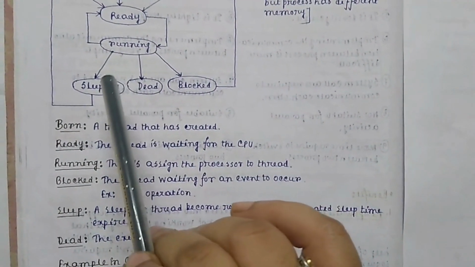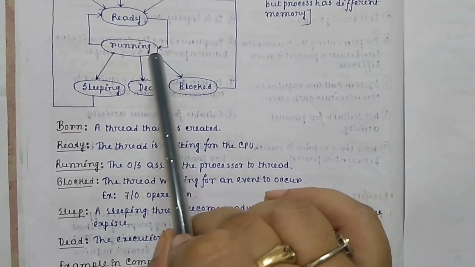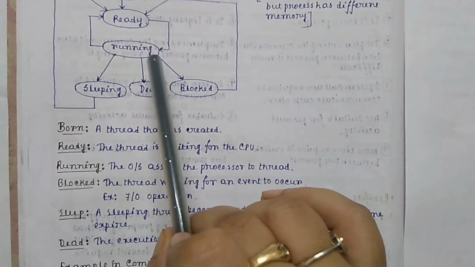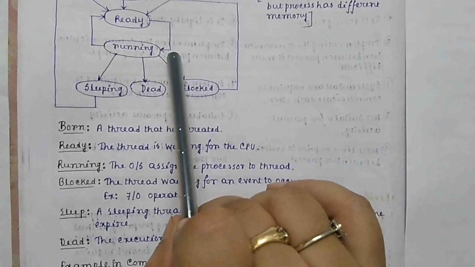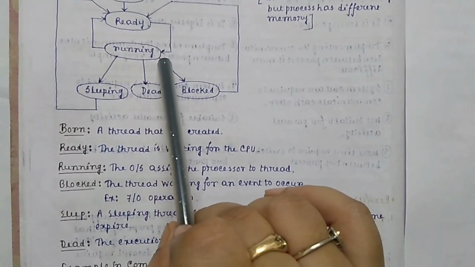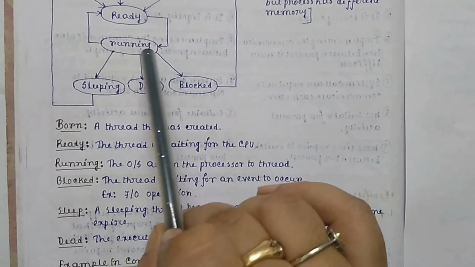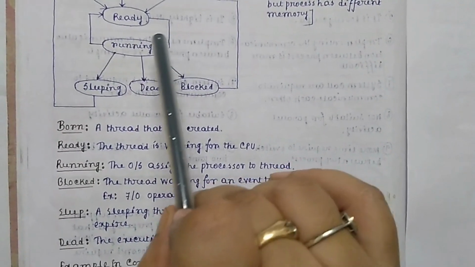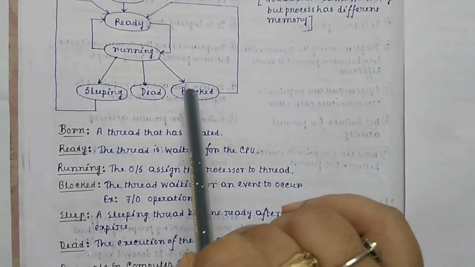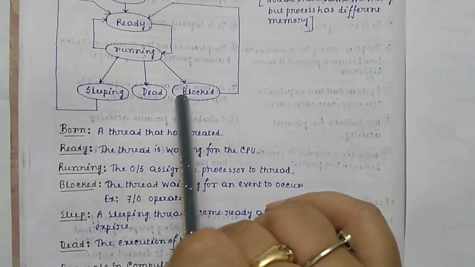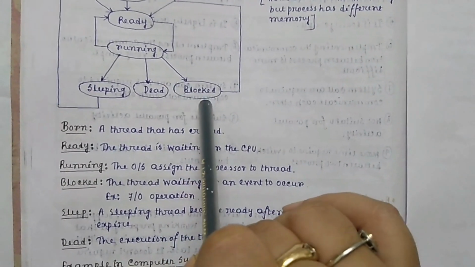Now in block stage, we already discussed that the thread is waiting for some event. Now for some event, like here, sometimes the thread needs some input output operation. For that reason, the thread moves to the block stage.